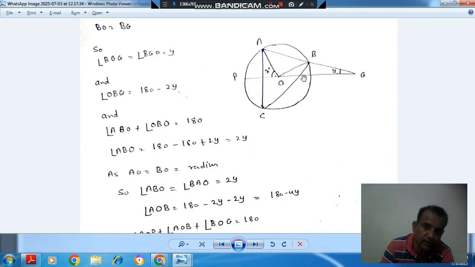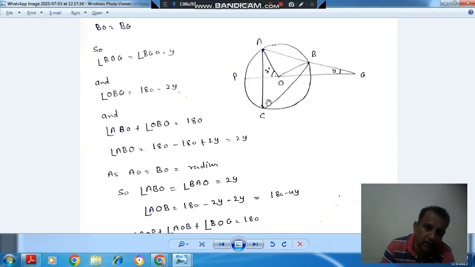So the other two angles are Y and Y, so OBQ will be 180 minus 2Y. And ABO plus OBQ will be equal to 180 degree, because the summation of these angles is 180, and OBQ we have determined is 180 minus 2Y.